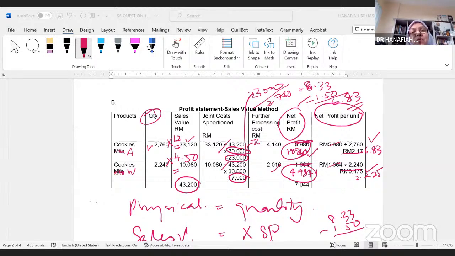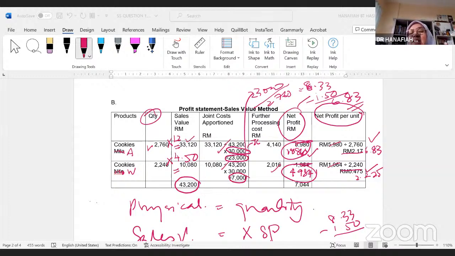The spoil unit can still be sold for a certain value, certain RM. So based on that, the actual loss is 25,000, which I expected to be 20,000. My normal loss is 20,000, and the actual loss is 25,000, which is higher than expected.